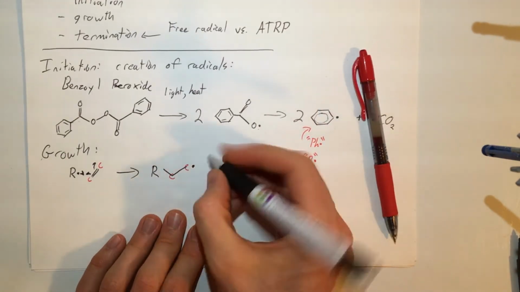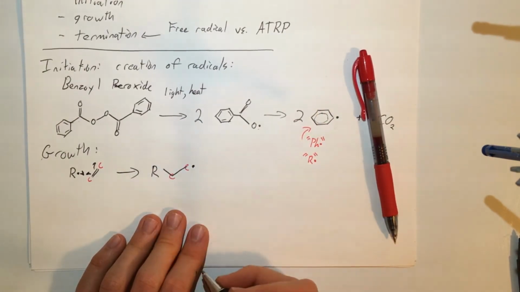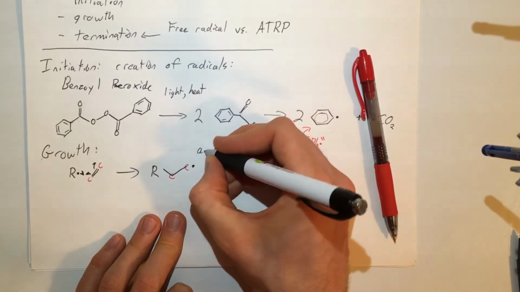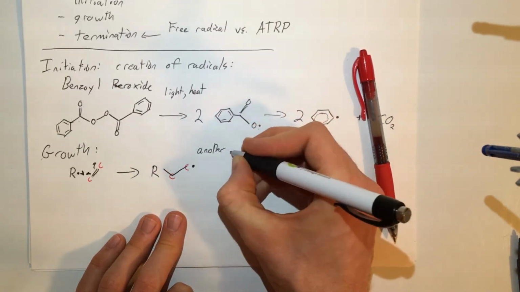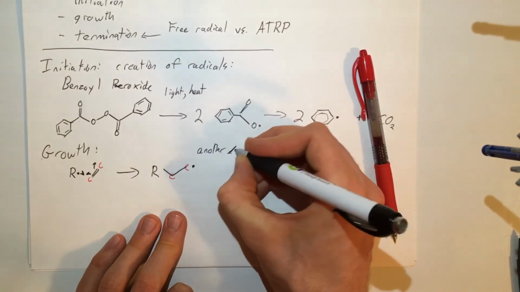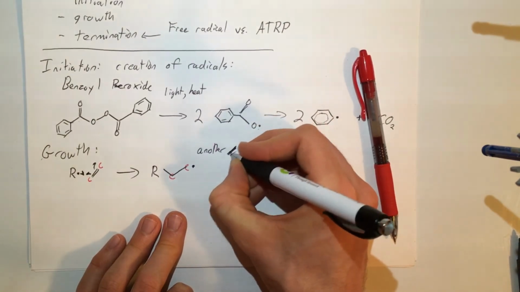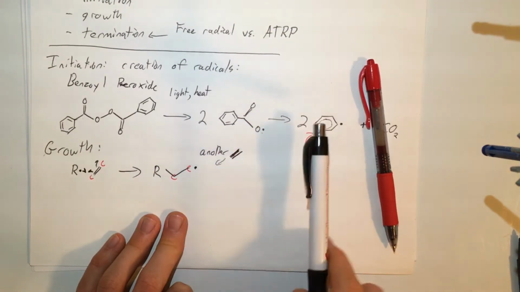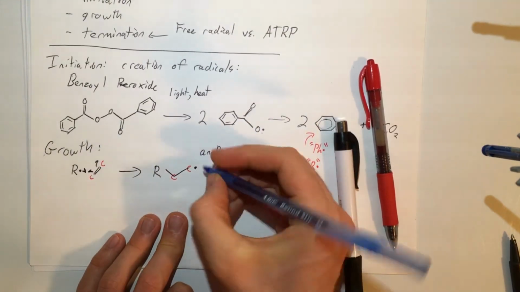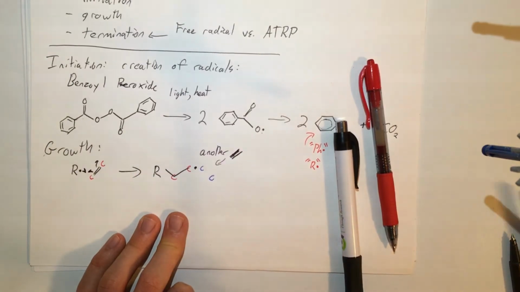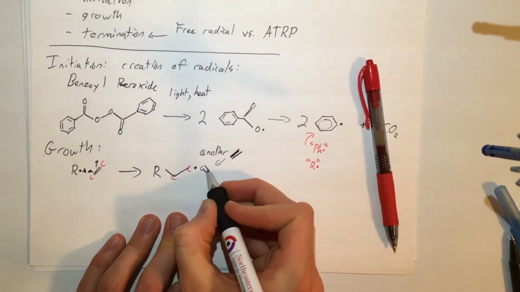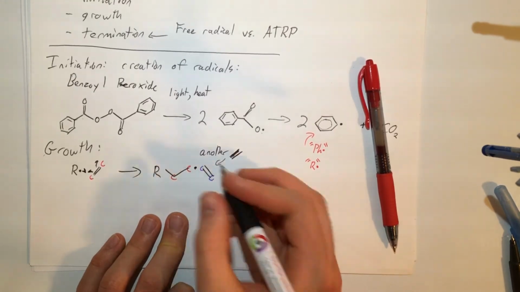Well, what happens next? Well, there's still this radical right here, and another ethylene monomer could come by and start interacting. So, for example, we could have our second ethylene monomer. They're double bonded to each other, but now this double bond is vulnerable to attack from this polymer.